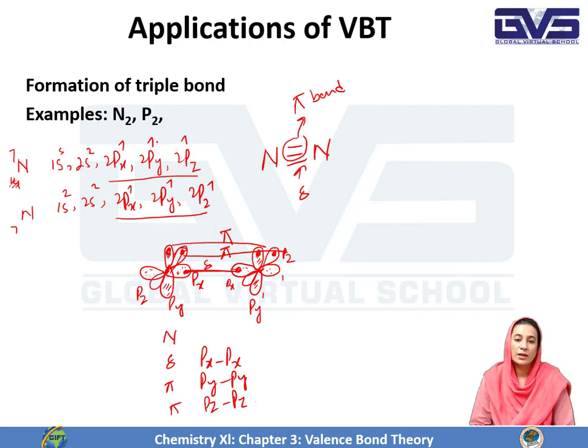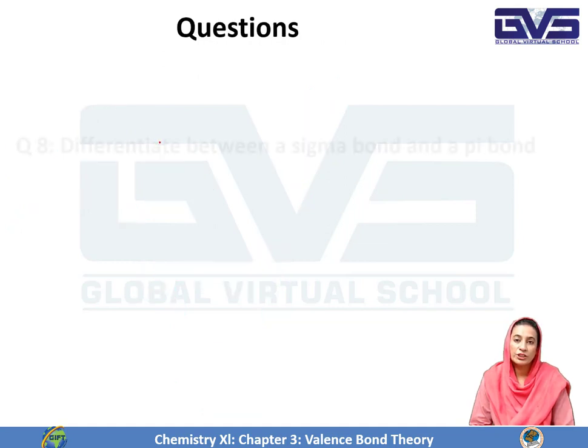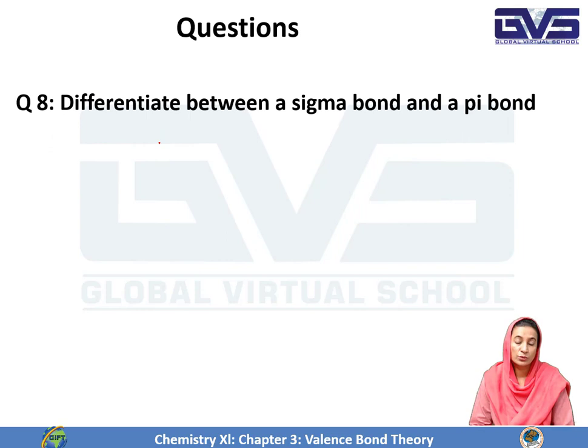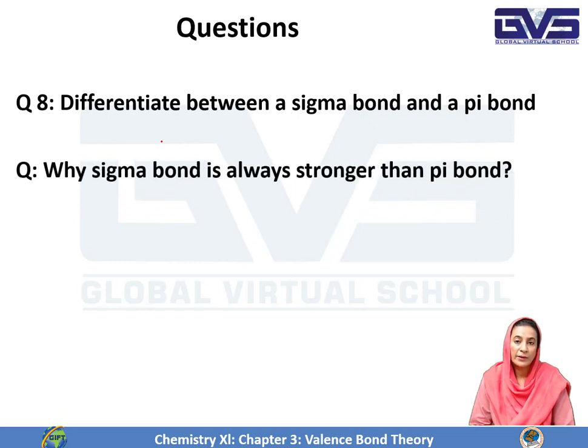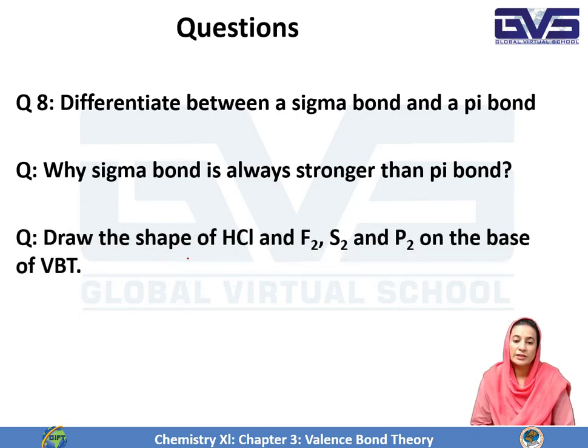So this was all about the single, double and triple bond. Now the question is, differentiate between sigma bond and pi bond. So you have greater knowledge and a clear concept about the sigma and pi bond, and why sigma bond is stronger than pi bond, I repeatedly told you about their strength. Now draw the shape of HCl just like HF. F2 is just like Cl2, S2 just like oxygen, and N2, on the basis of valence bond theory.